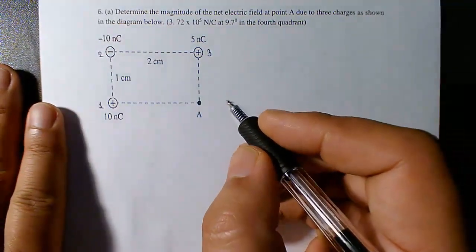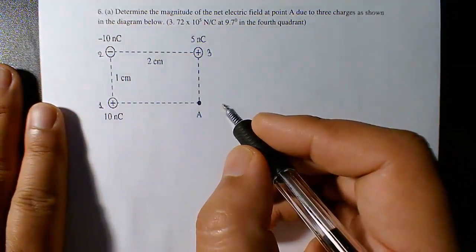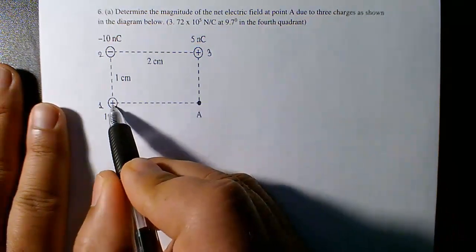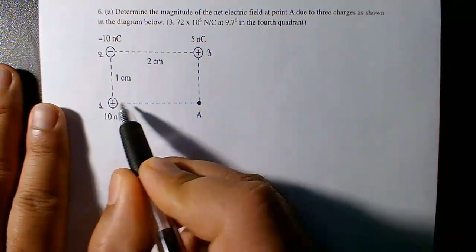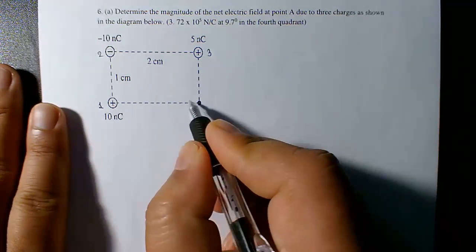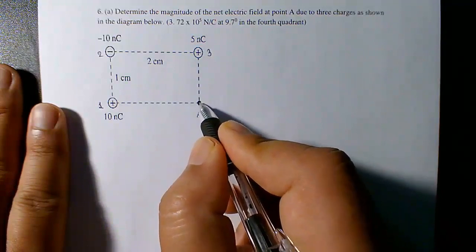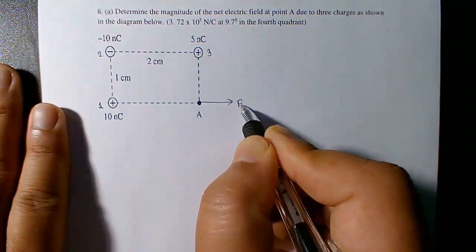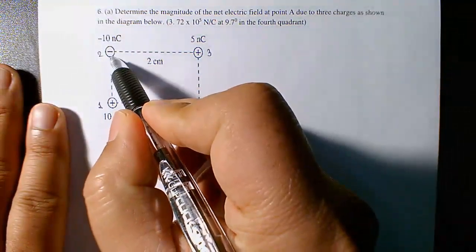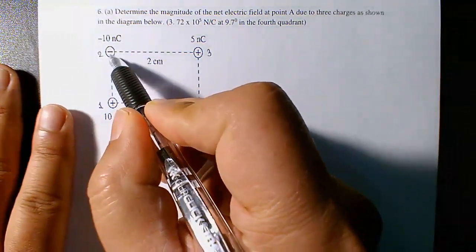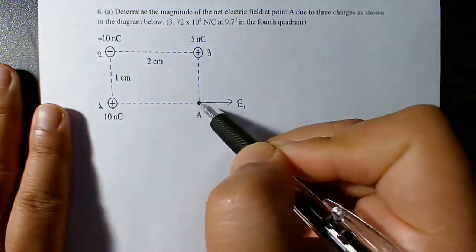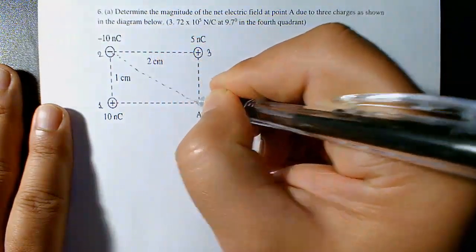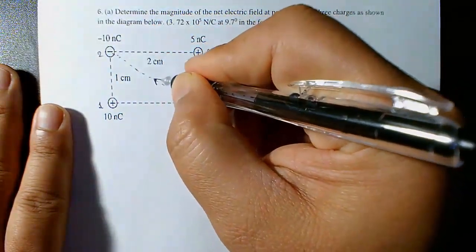So first, based on the rule, you need to draw the electric field vectors due to the individual charges. Due to charge number 1, which is a positive charge, the electric field at point A will be like this, E1, away from the charge. Similarly, charge number 2 is diagonal, and since it is a negative charge, the field is towards the charge.